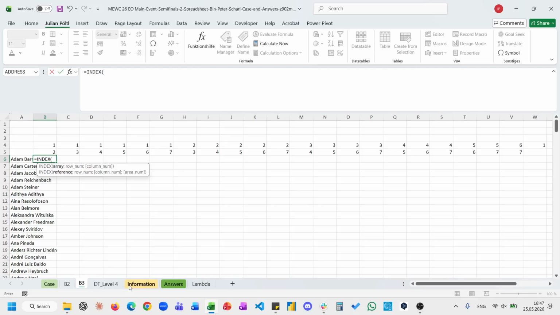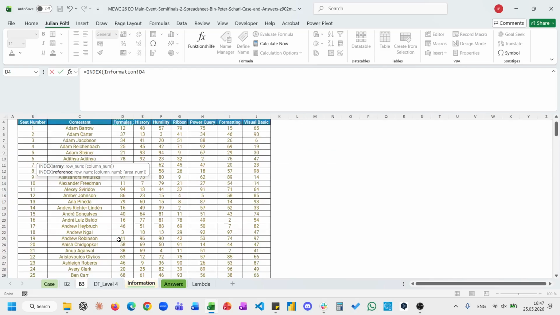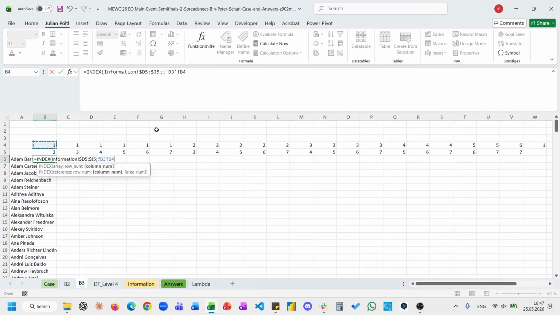INDEX. Yeah, this is not optimal. INDEX of this. Row number does not matter, column number does matter.